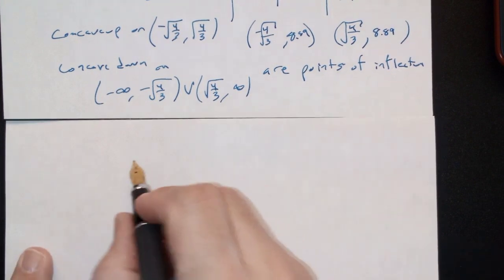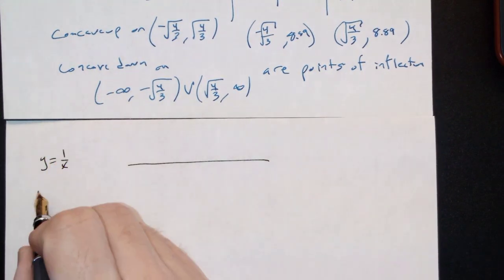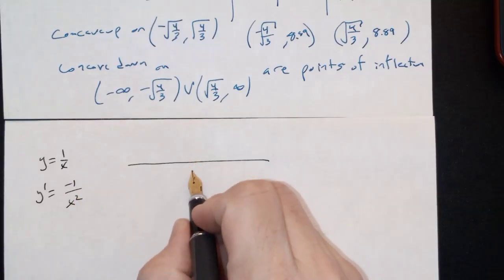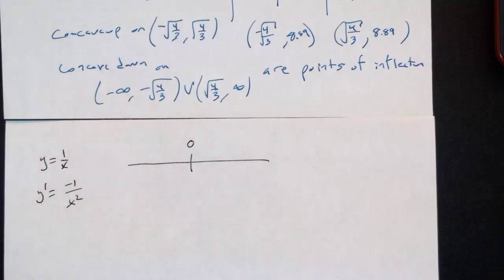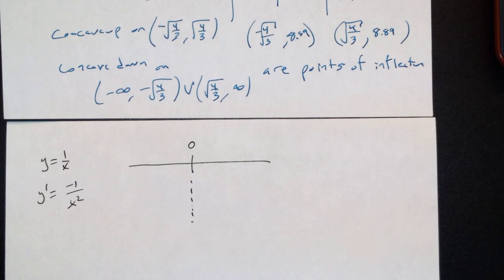I usually, in my sign chart, indicate that 0 is not actually a critical number by putting a dashed line. Aren't asymptotes dotted lines?